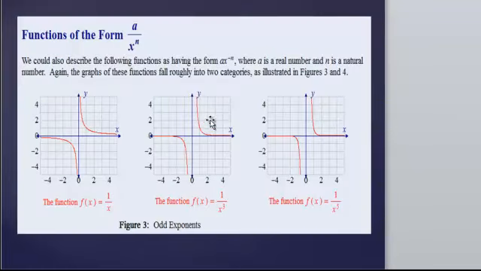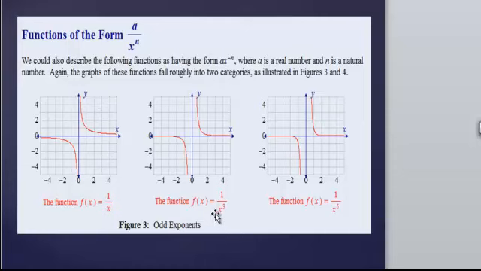So how about functions of the form a over x to the n, where you have odd exponents on that variable that's in the denominator? Well, we are going to be talking more about this type of function in chapter 6, so we'll just briefly talk about them here. Your parent function is 1 over x. It will look like this graph here.